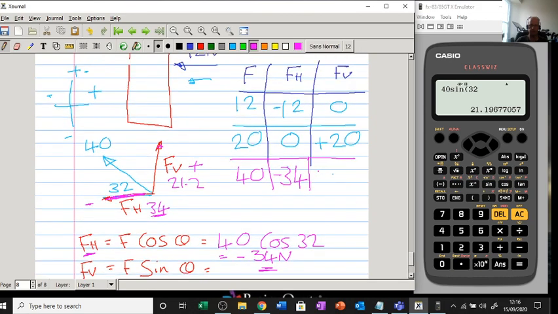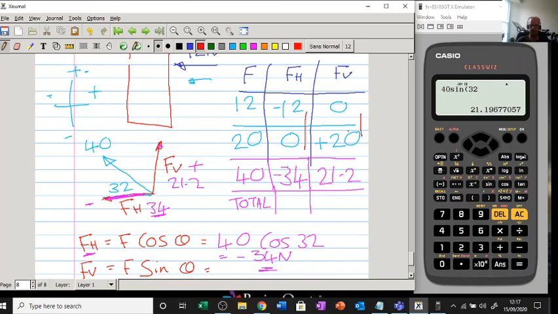Thank you very much. 21.2. So now, all we've got to do is to find the total. So to find the total horizontal force and the total vertical force, all you've got to do is add them up. So I'm going to add all these up, and then I'm going to add all these up.